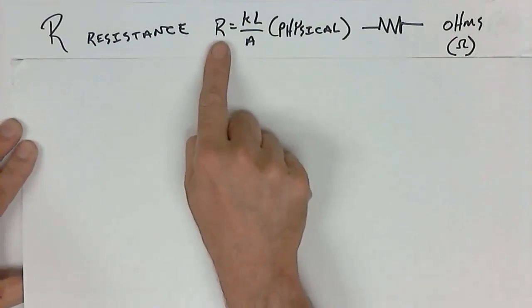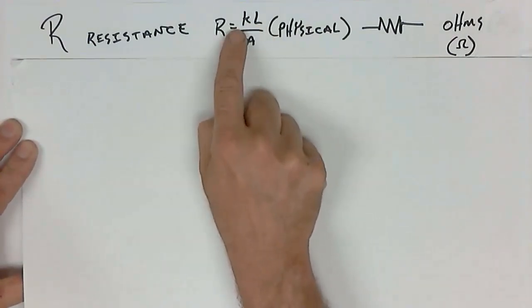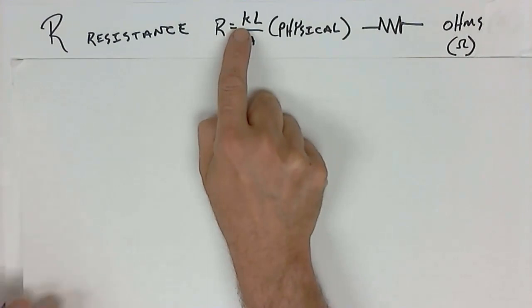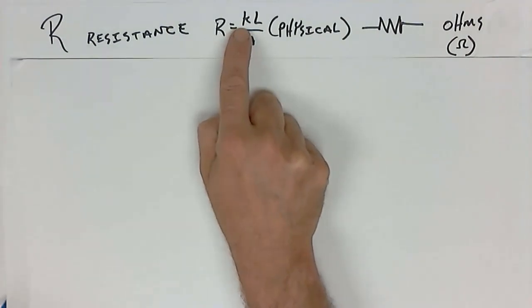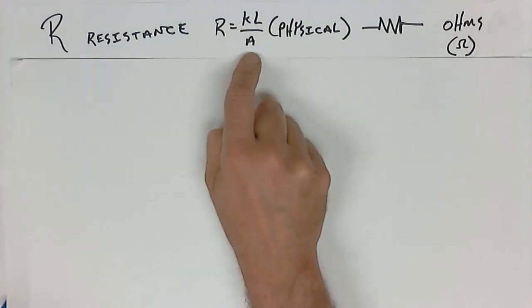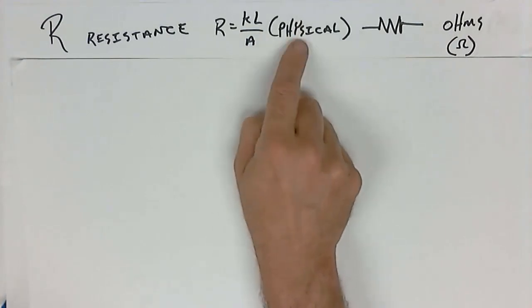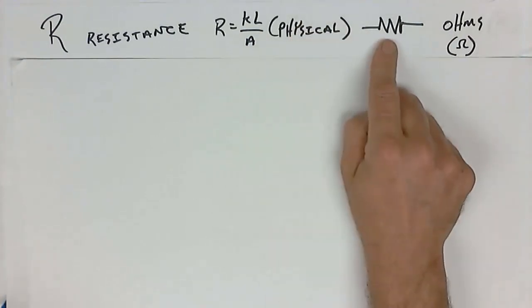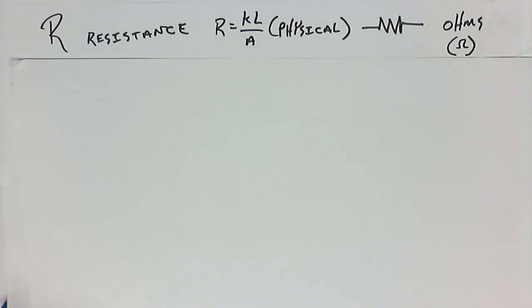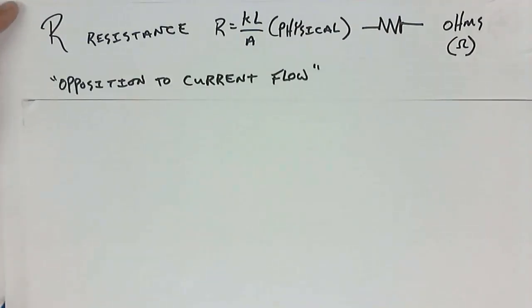So resistance, R, is equal to KL over A. Remember, K is the constant of resistivity, L is length, and A is the area. It's a physical property. We show it like this, a resistor, and we measure it in ohms. What else is important is the definition. Resistance is defined as the opposition to current flow.